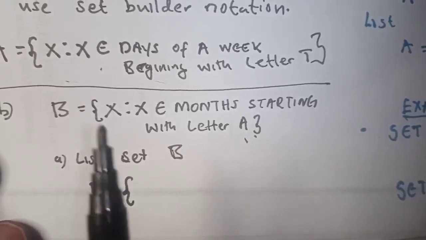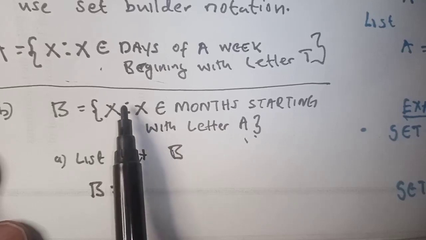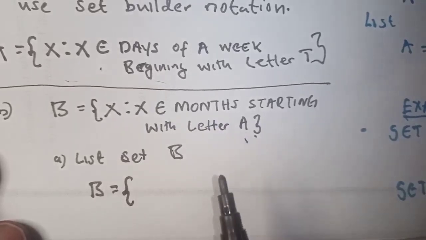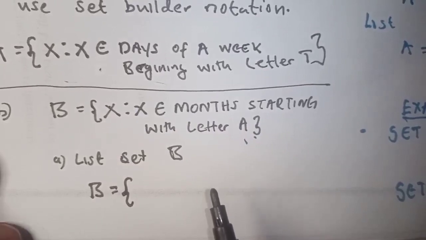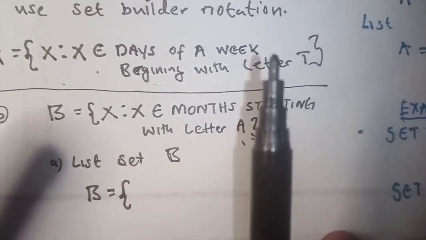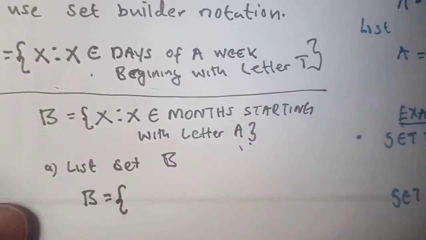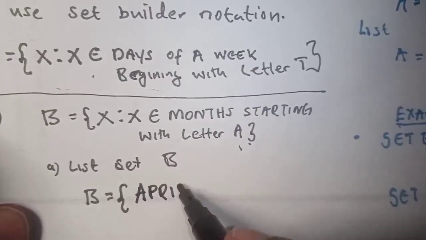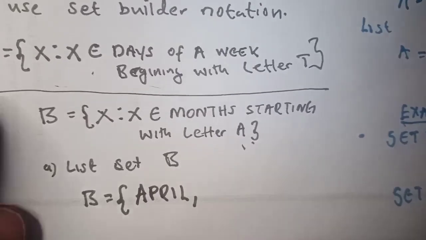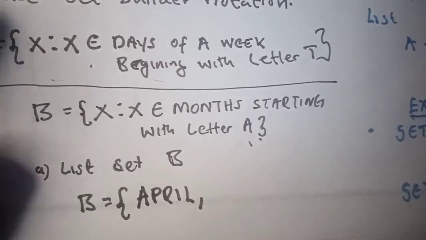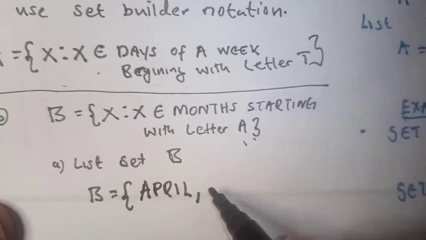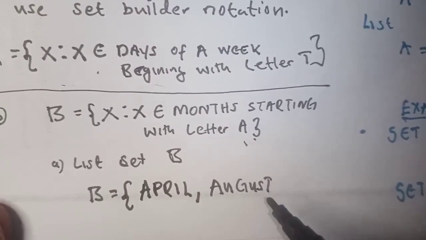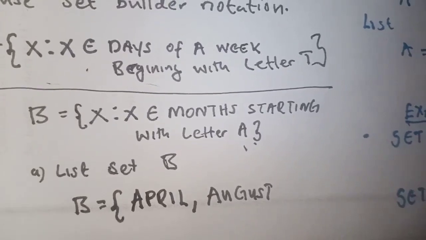Which months start with letter A? We have January, February, March, April. April starts with letter A, so you are going to list April. From April you go to May, June, July, August, September, October, November, December, and the year ends.